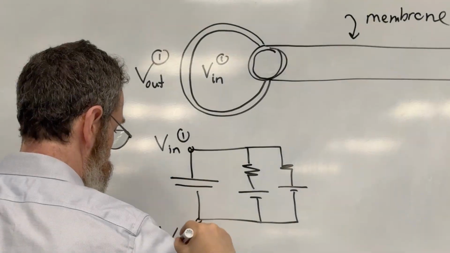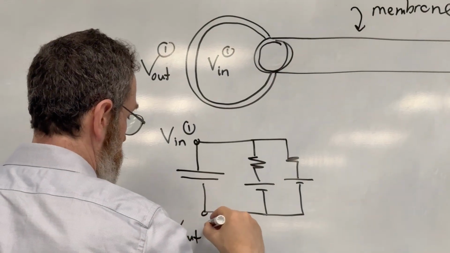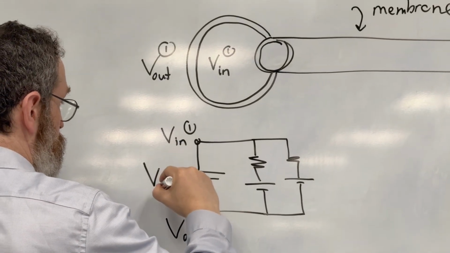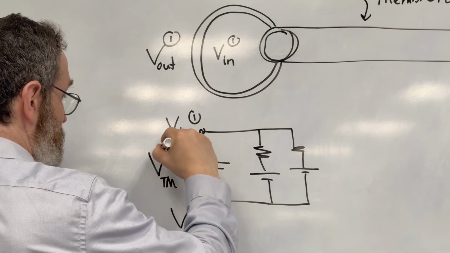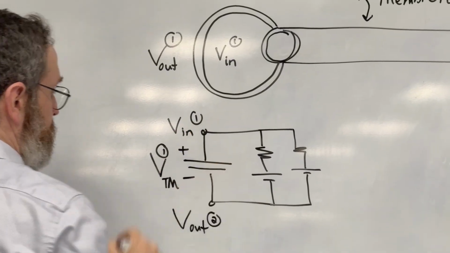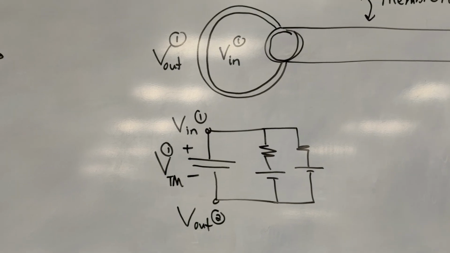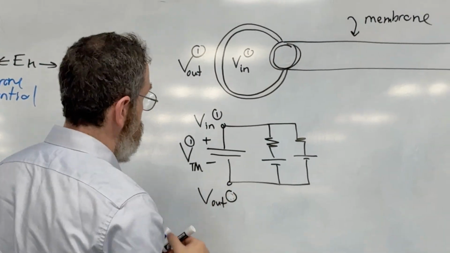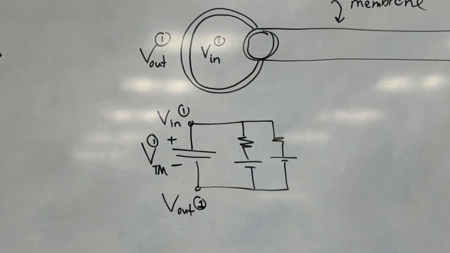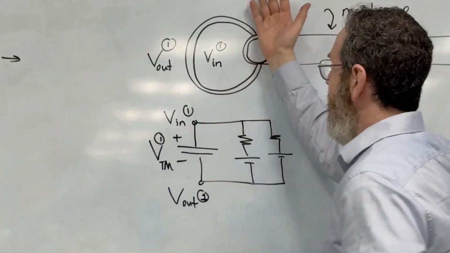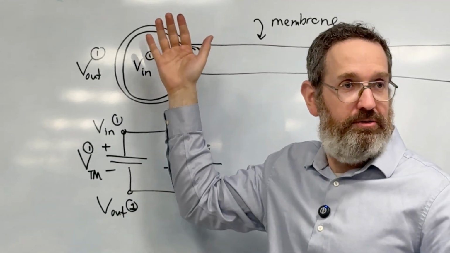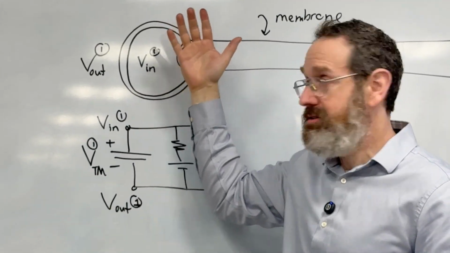Here's my voltage out at location 2. And so the V transmembrane, now defined at location 1, is this difference. I haven't added anything. What I'm simply doing is annotating this as location 1, because obviously we're going to have location 2 in a second. I haven't updated anything. It's the same thing.